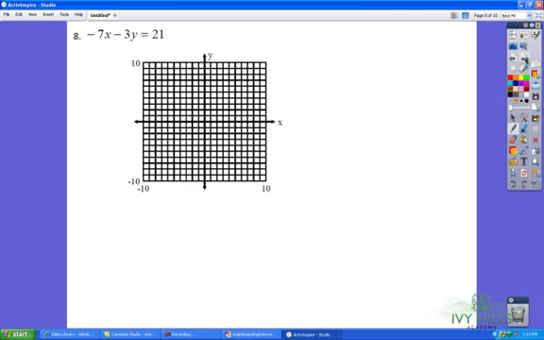Number 8, negative 7x equals 21. That's what will be left with the xy chart if I make y 0, and if I divide both sides by negative 7, that's going to give me an x value of negative 3.